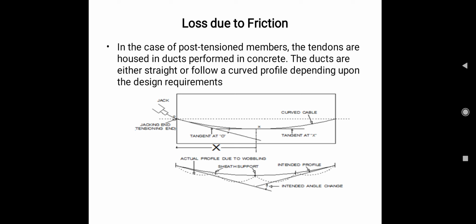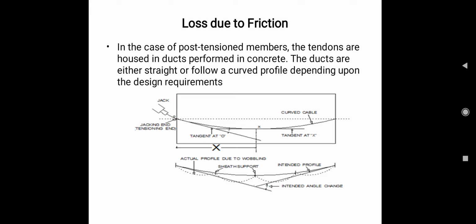When these cables or tendons come in contact with the duct, there is a loss, and this loss is called friction loss. This loss arises only in case of post-tensioning members due to the relative motion between the tendon and the duct at the time of tensioning.